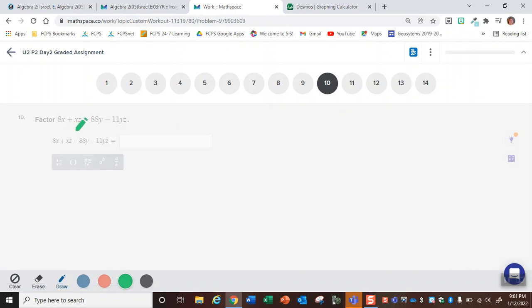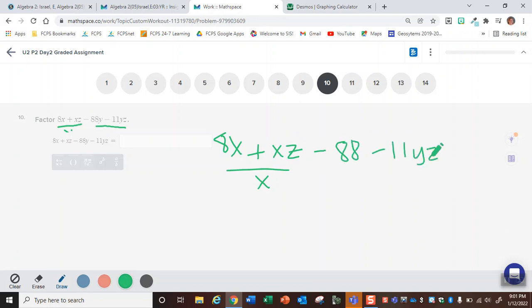Now this looks crazy, but it's actually easier because it's already 4 terms. So all you have to do is your grouping. You just look for the common factor here, which would be x. They both have an x. If it's 8x plus xz, they both have an x, and then you've got negative 88y minus 11yz.